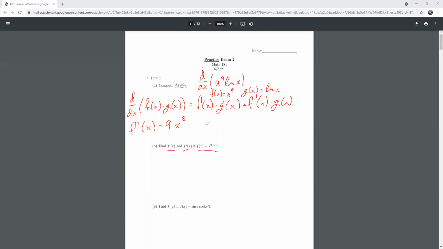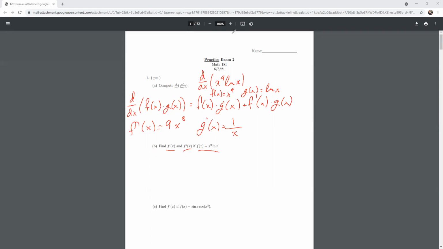Okay, and now the natural log. Okay, so this one is one you just have to remember. It's difficult to figure out on your own. So yeah, it's worth remembering that the derivative of the natural log is just 1 over x.